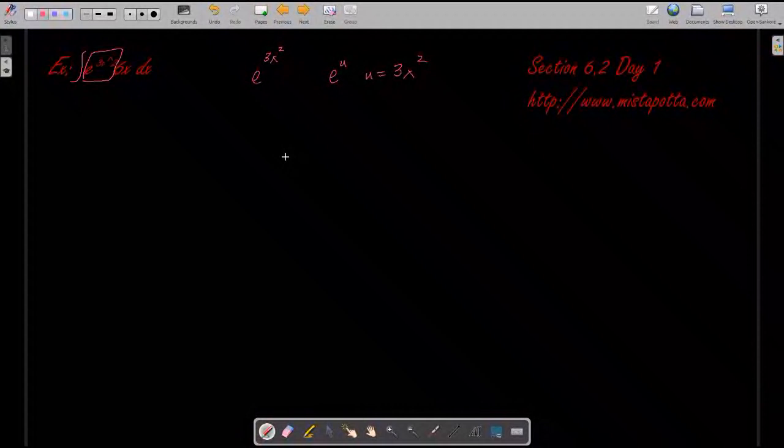So I've isolated u. It's from my composition of functions. It's the innermost function if I think of this as an exponential function. That really is my innermost function.